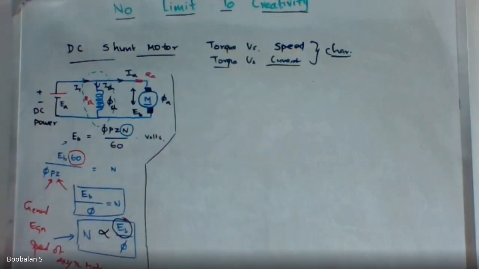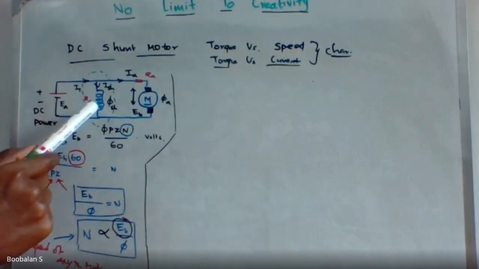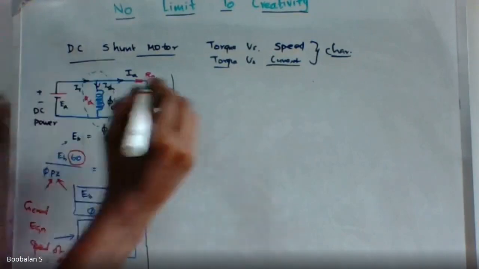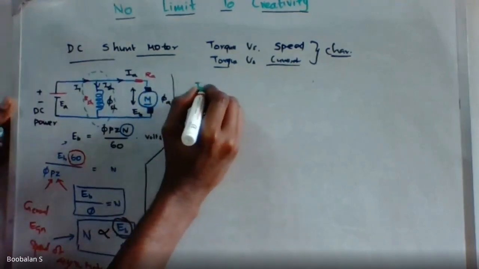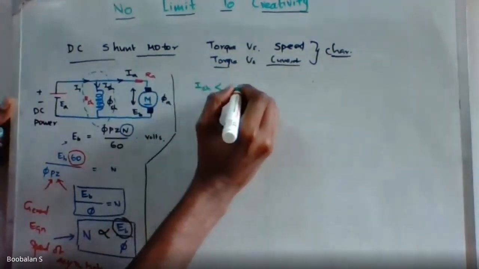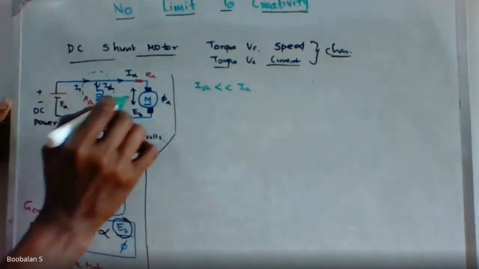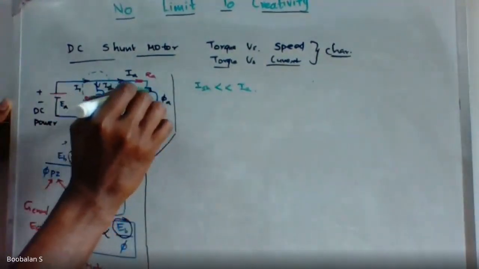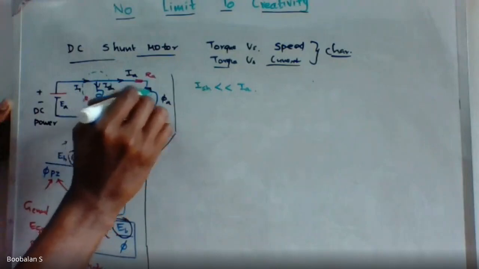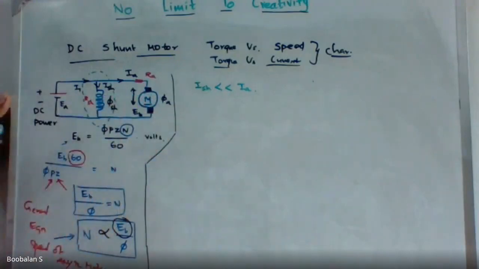The current flowing through this coil is very small, right? ISH is very small compared to the armature current, because the thickness of the copper conductor wound on the armature is very high compared to the conductor copper thickness of the field coil.